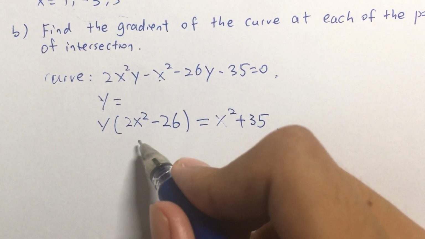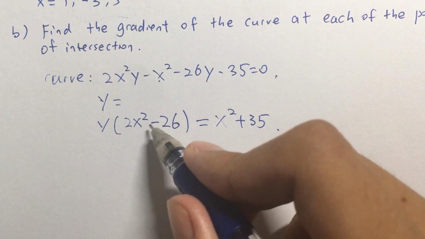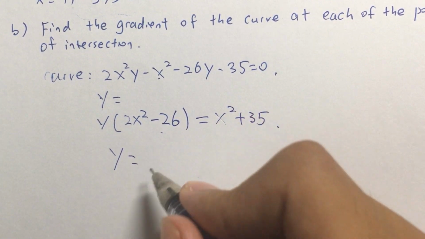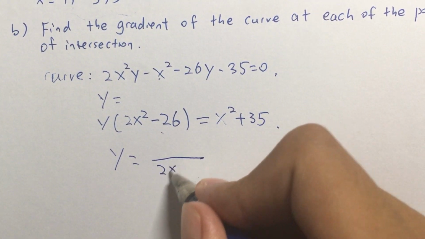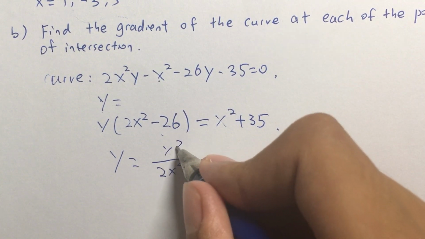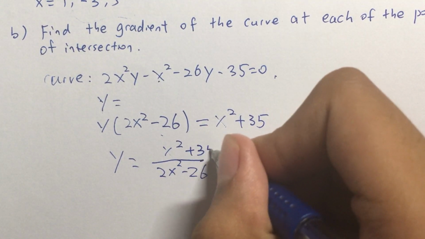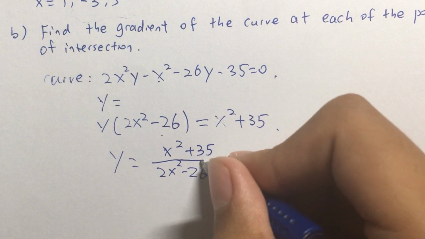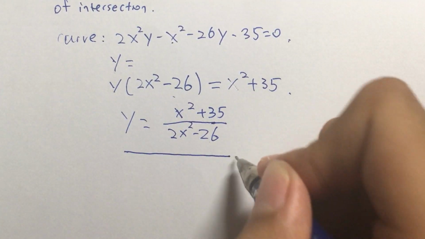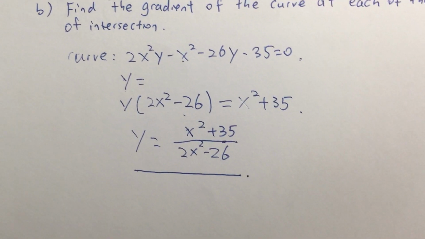And we can divide by 2x squared minus 26 on both sides, which becomes y equals x squared plus 35 over 2x squared minus 26. So now we get the subject y in terms of x.